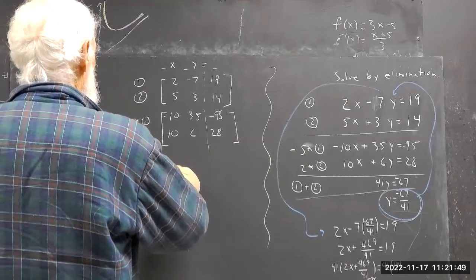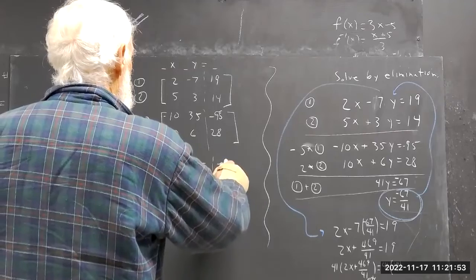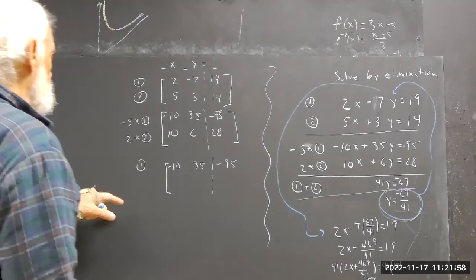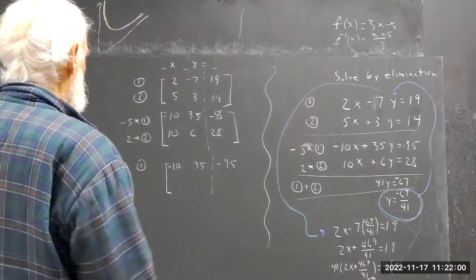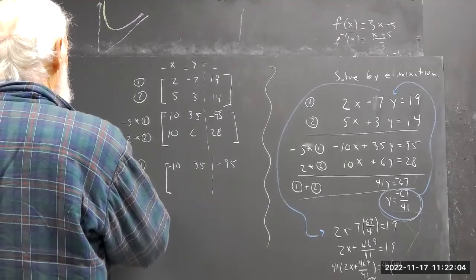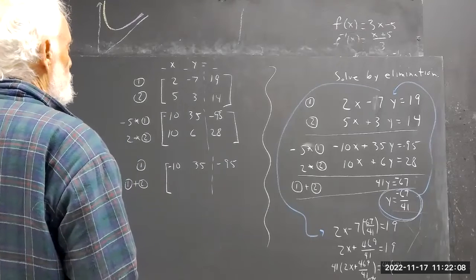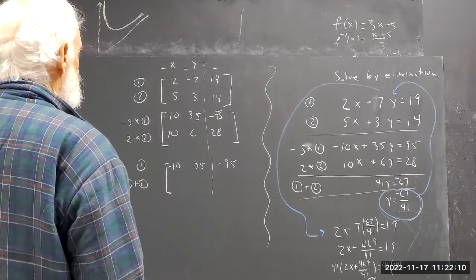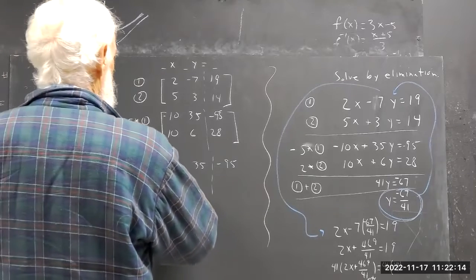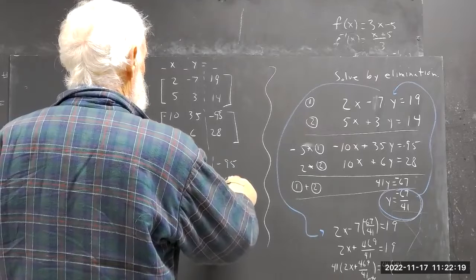Okay, then I'm going to repeat row 1. Row 2 is going to become my old row 1 plus row 2. Going to give me 0, 41, negative 67.